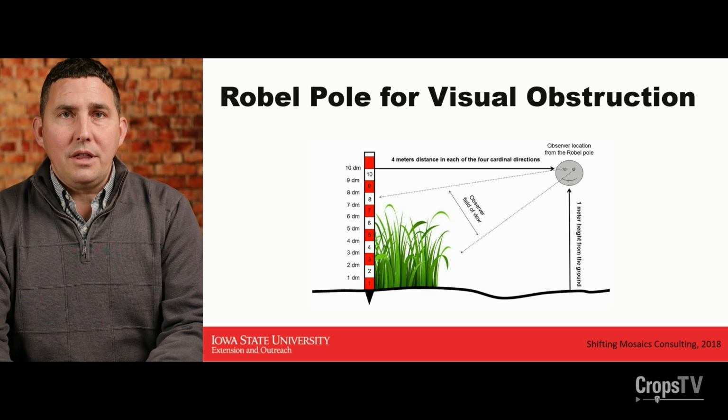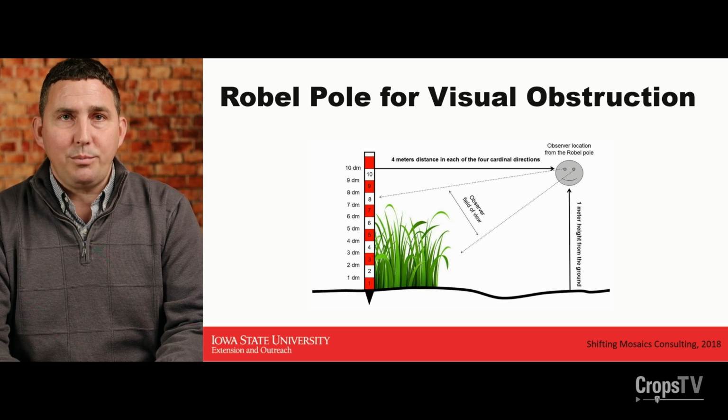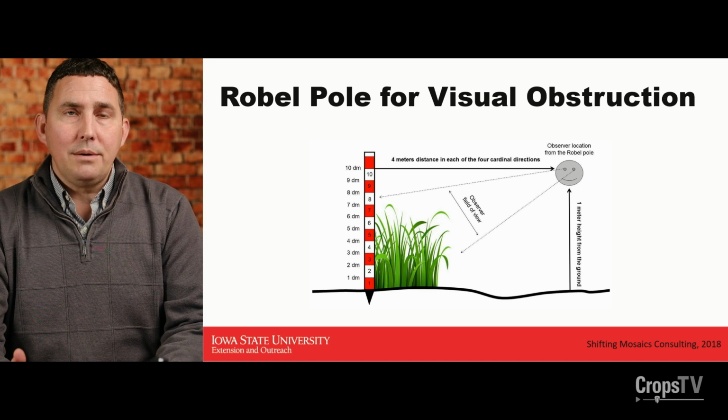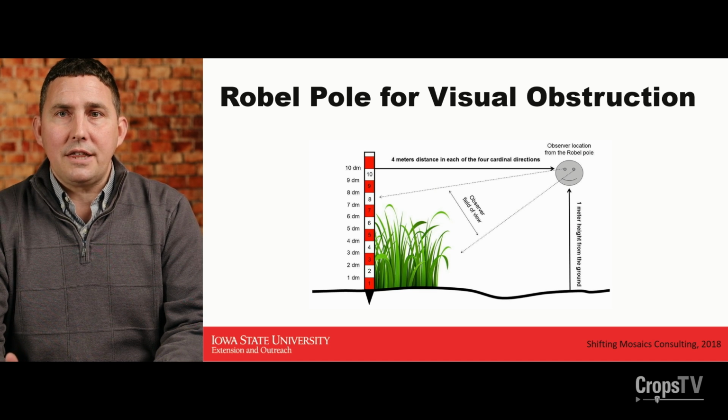So, getting a little bit more deeply into what we were working with this past spring, we were using a Robel pole for visual obstruction. This is a method that is used quite a bit in rangeland ecology, natural resources ecology, things like that.